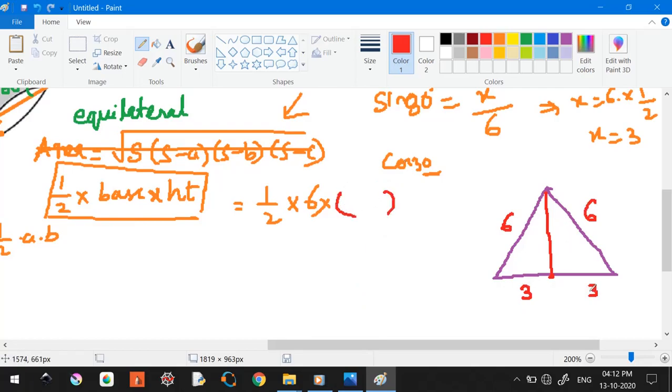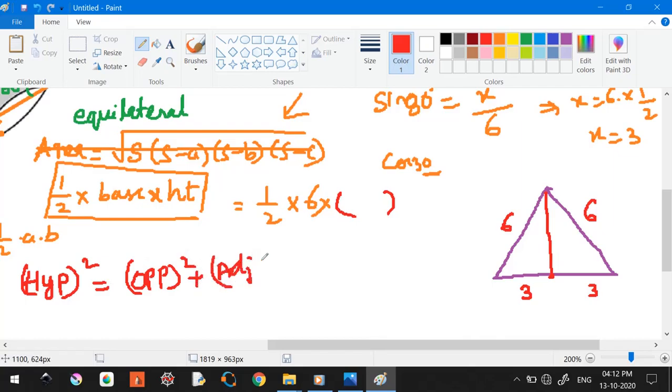Given this, I have already mentioned in the video the Pythagoras theorem, right? Hypotenuse square is going to be opposite side square plus adjacent side square. You can use this formula instead of having cos and sines.